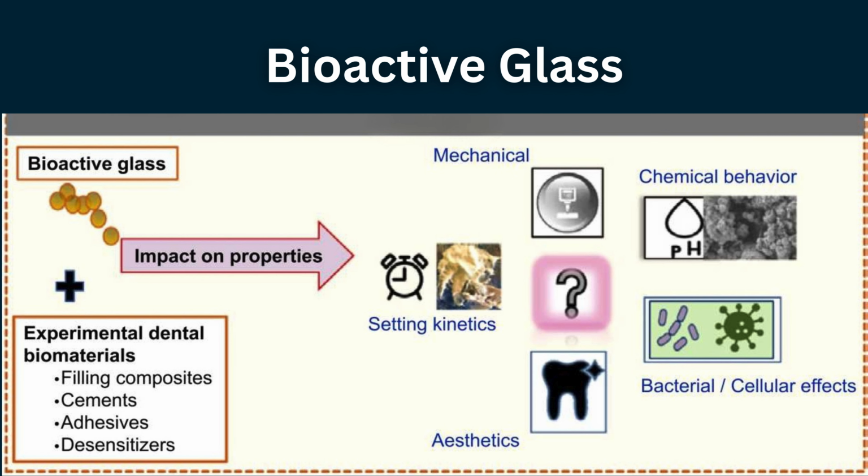Bioactive glass. Bioactive glass, BAG, fillers typically contain approximately 65 mol% silicon oxide, 31 mol% calcium oxide, and 4 mol% diphosphorus pentoxide. These materials release calcium and phosphate ions that promote remineralization of dental tissues. In addition, ion release increases the local pH, creating an environment unfavorable for bacterial growth.